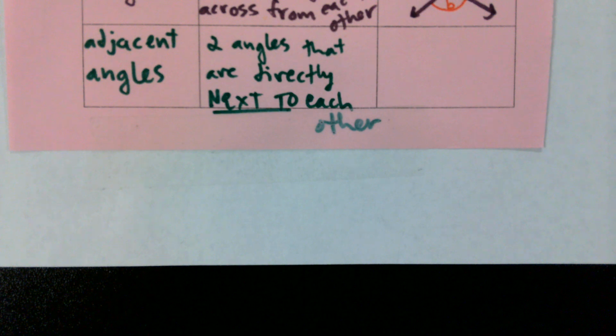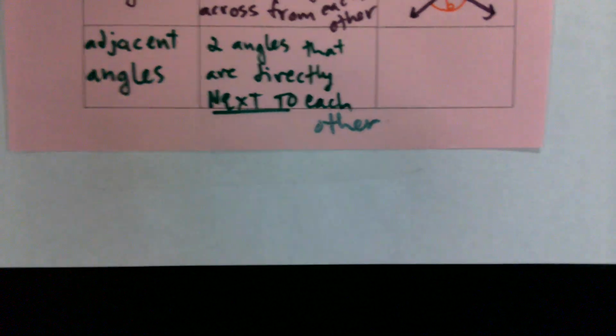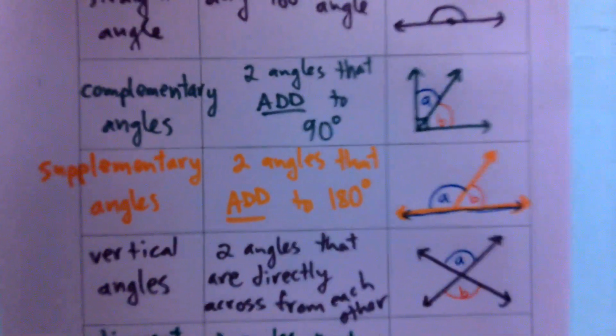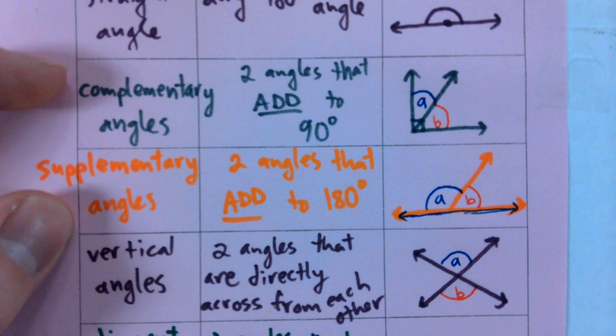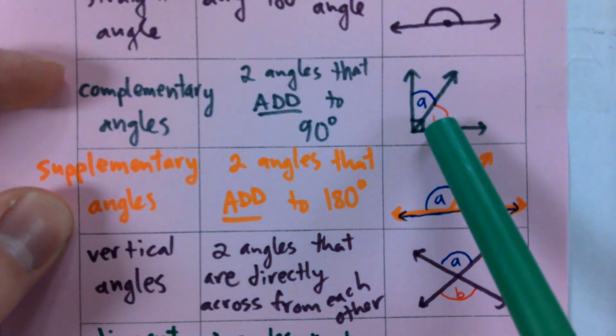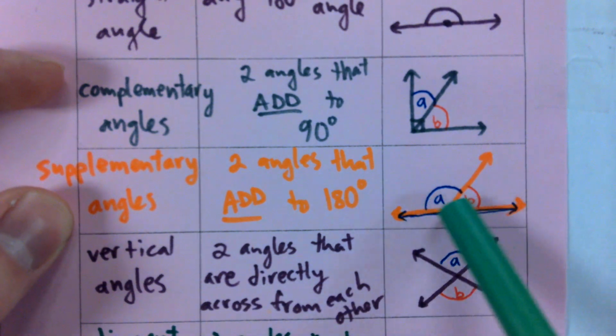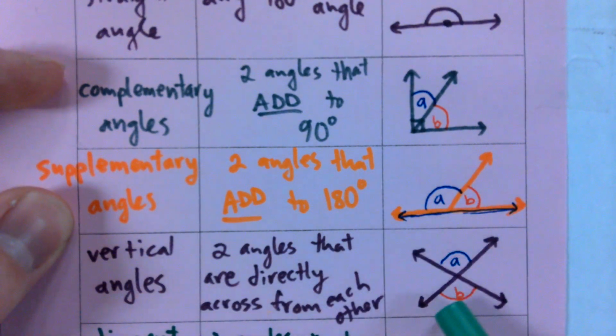Yeah, Noah. Would that be like a supplementary angle? Exactly. This is why this idea is a little bit confusing. If we take a look back up at complementary and supplementary angles, angle A and B are right next to each other. And right here, angles A and B are again directly next to each other. They're not across from each other like we see in vertical angles.